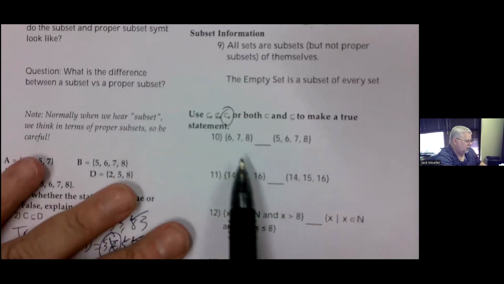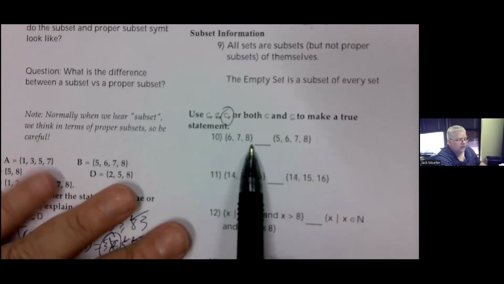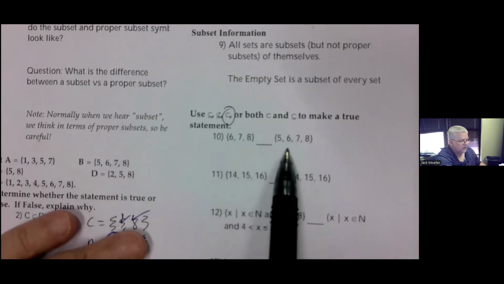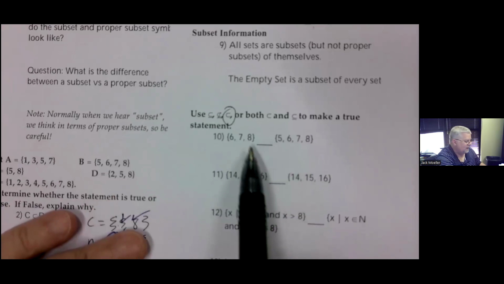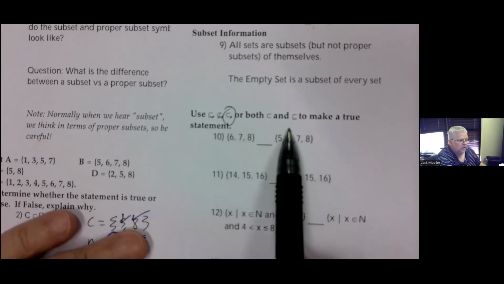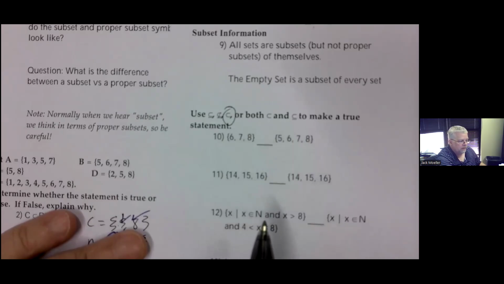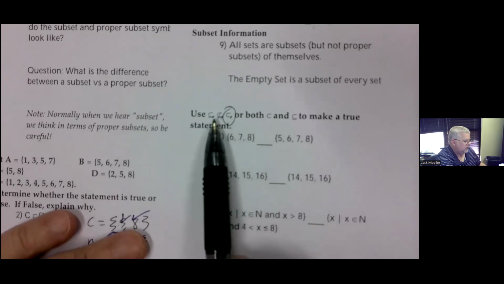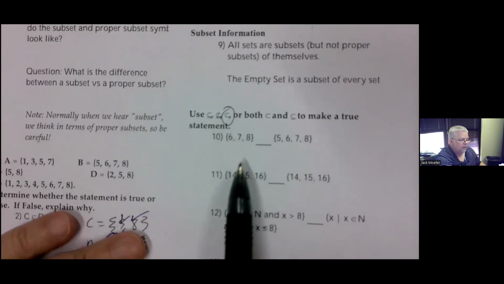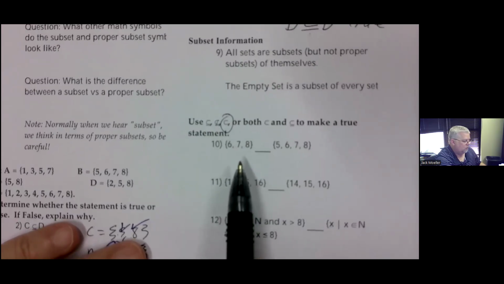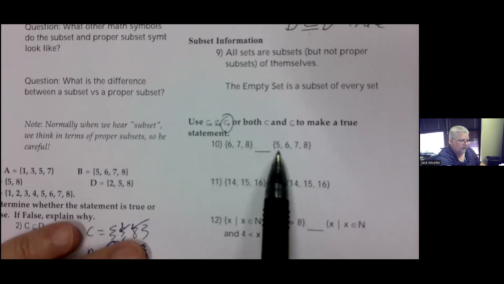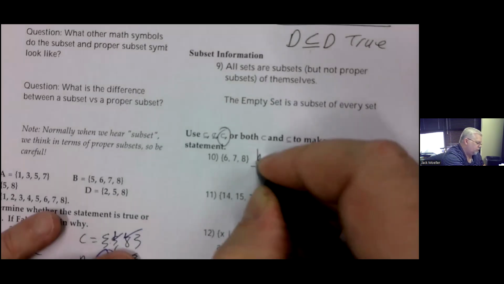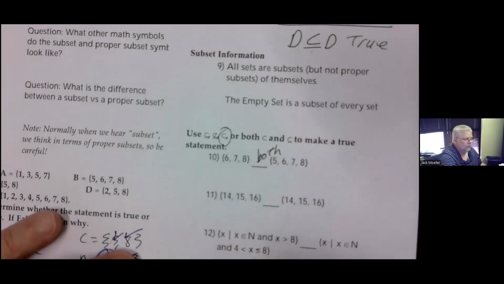So first of all, is {6, 7, 8} a subset of {5, 6, 7, 8}? Is everything on the left also on the right? Yes. Okay, so that makes it at least a regular subset. Now, is it a proper subset? Are they equal? No, because this one has 5. So this one would be both: a proper subset and a subset.